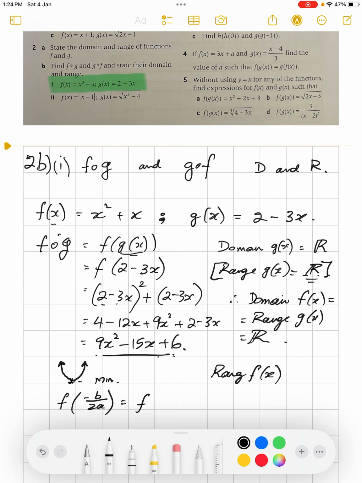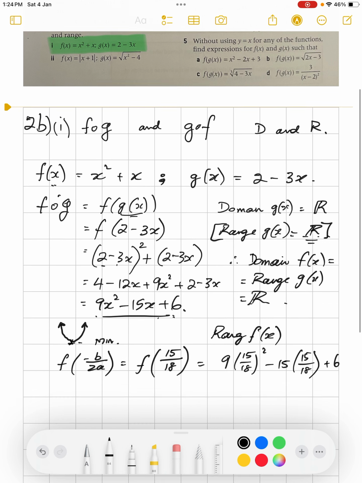So the minimum is going to happen at x equals 15 over 18. So if you substitute 9 times (15 over 18) squared minus 15 times 15 over 18 plus 6, this will be the minimum point.